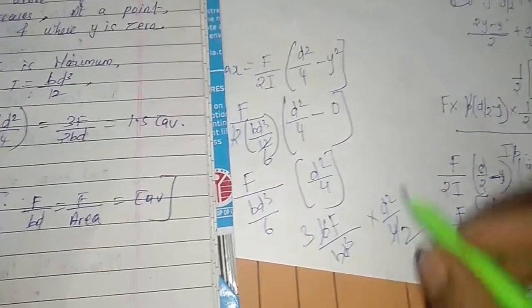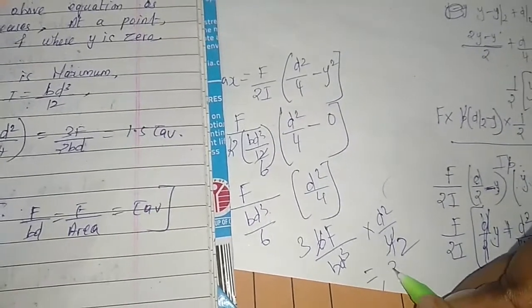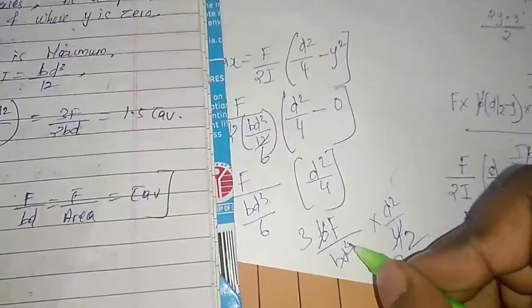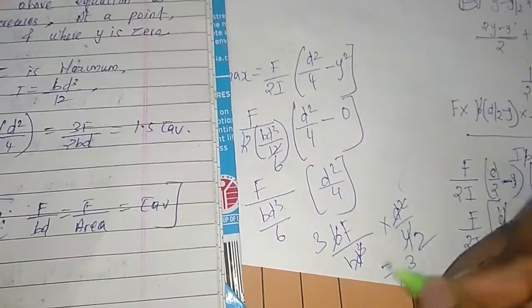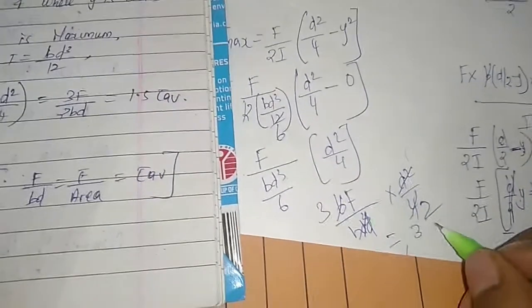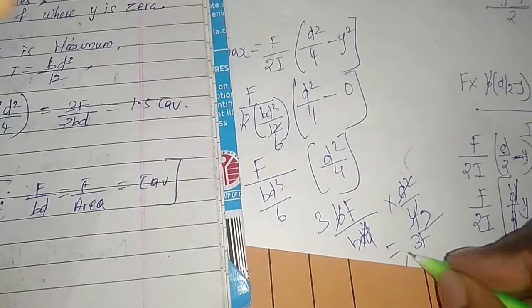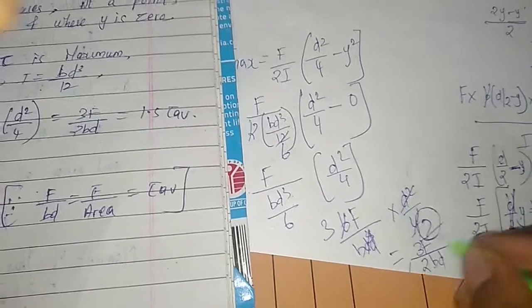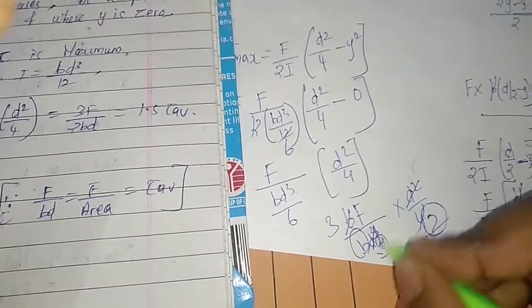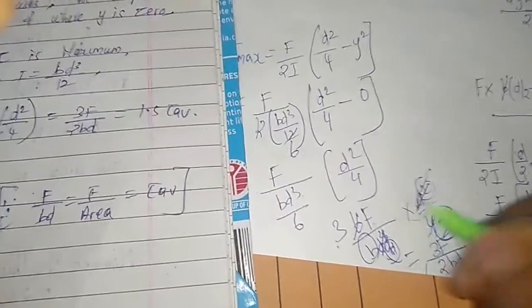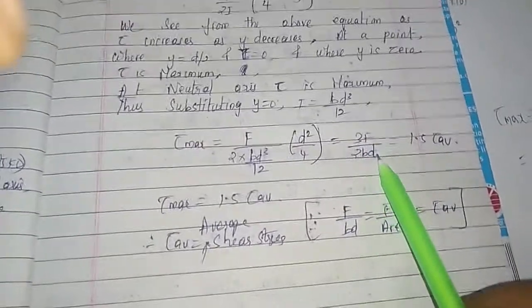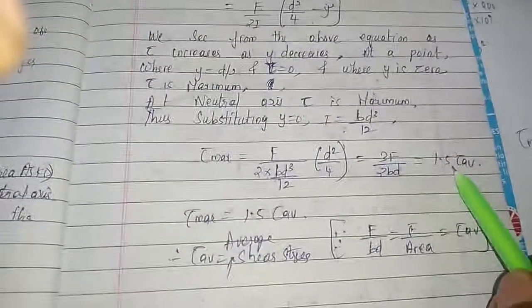So that will become 3. The d cube will cancel this d square, so here 1d will be there. So that will become 3F by 2bd. So if you derive this equation, you will get 3F by 2bd. So 3 by 2 is nothing but 1.5.